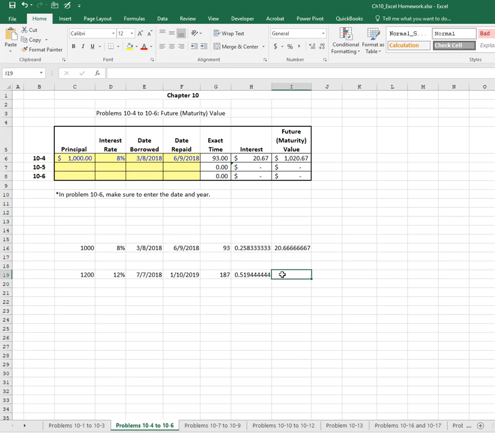Okay, and then calculating the whole banana, our principal times our rate times, and I'm going to put in a parenthesis, our... Never mind, I already calculated the portion of the percent.